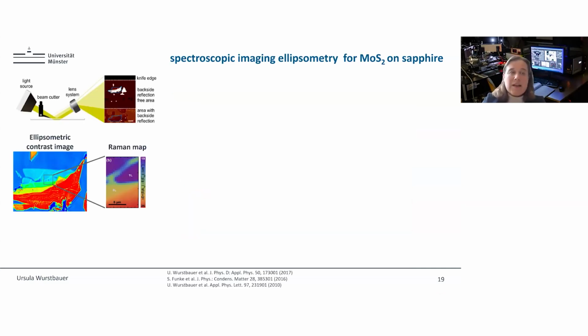And I would like to get started with an example, which was one of the first done, where we investigated molybdenum disulfide on a sapphire substrate. The history was that on exactly this substrate, it was hard to determine the structures with optical microscopy. However, for some other reasons, it was the desired substrate.